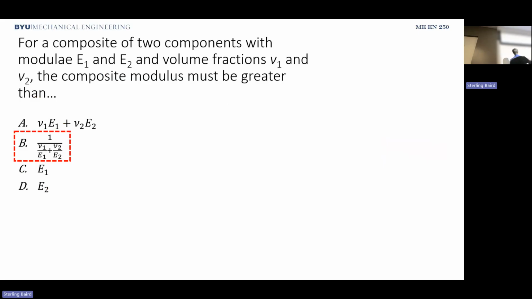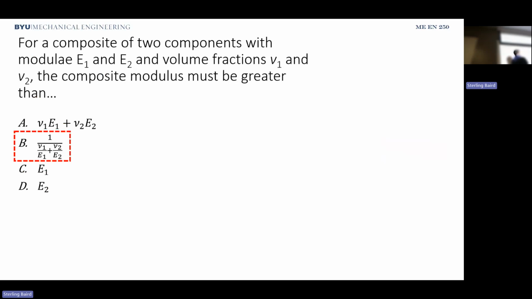So the composite modulus will be somewhere in that range, depending on the volumes of the two different phases. It's going to be greater than the isostress lower bound equation and less than the isostrain equation.